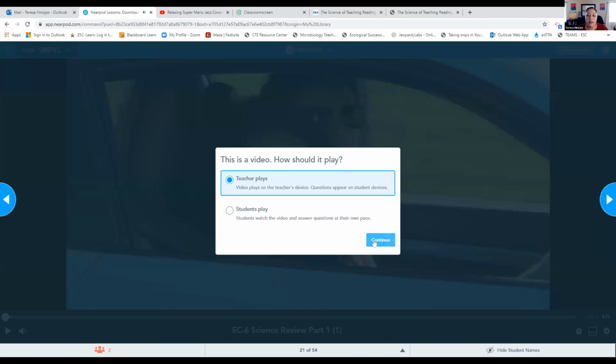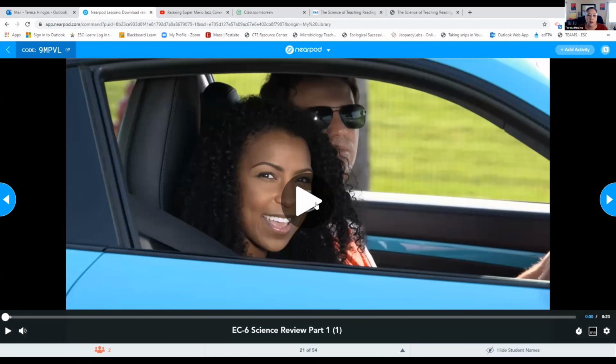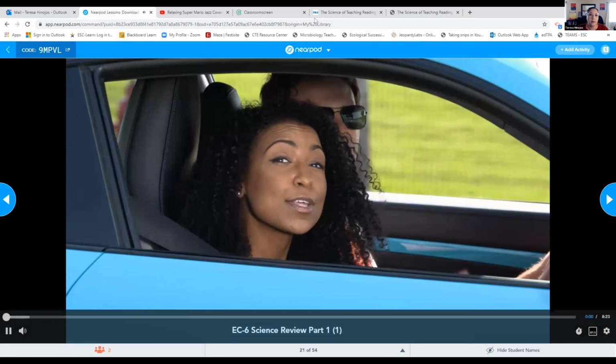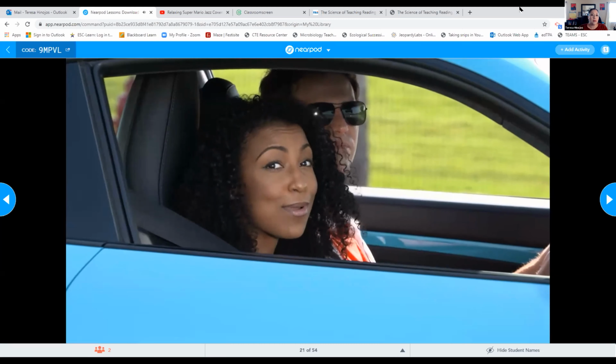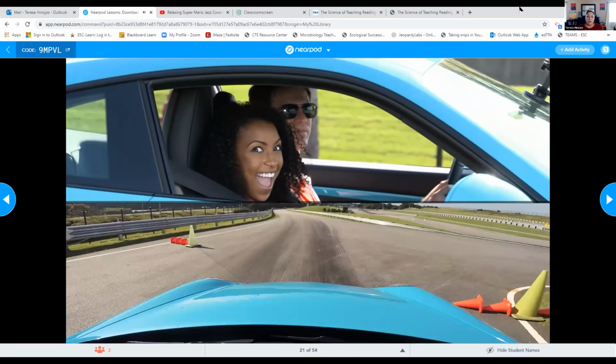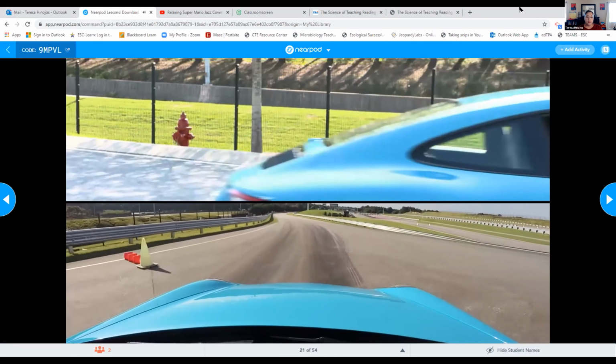Okay, and this next one is dealing with velocity and speed. We've come to the Porsche Experience Center test track to talk about speed and velocity. And if we're going to do so, we might as well make it interesting.